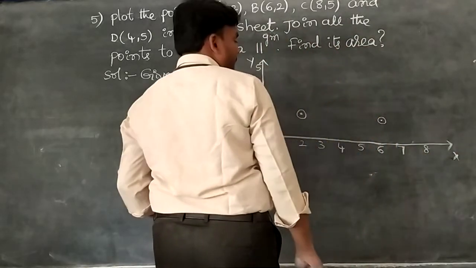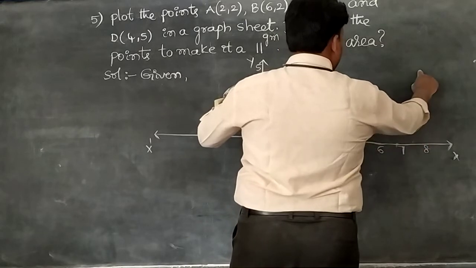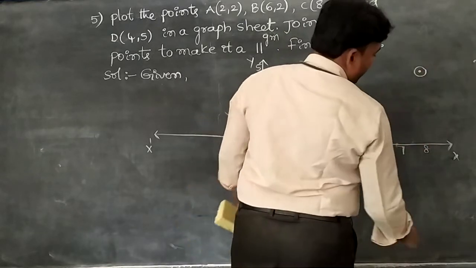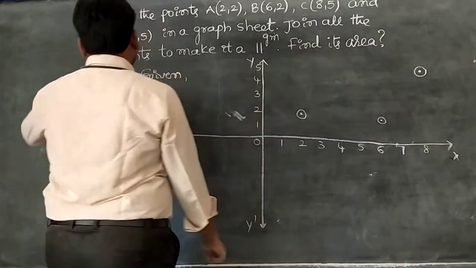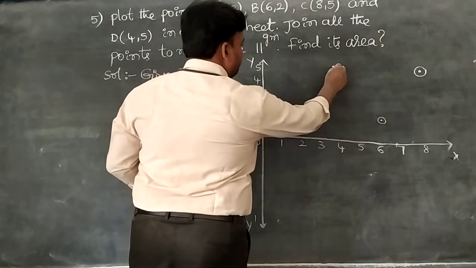So 8, 5: x value 8, y value 5. Next, D (4, 5): 4 and also 5.